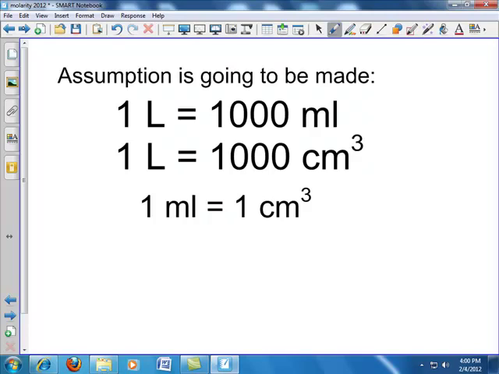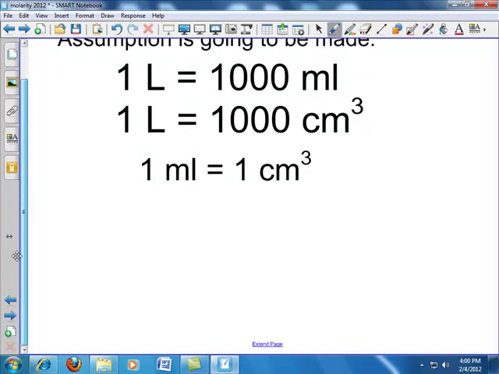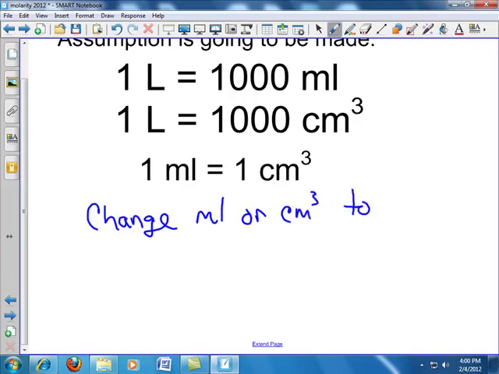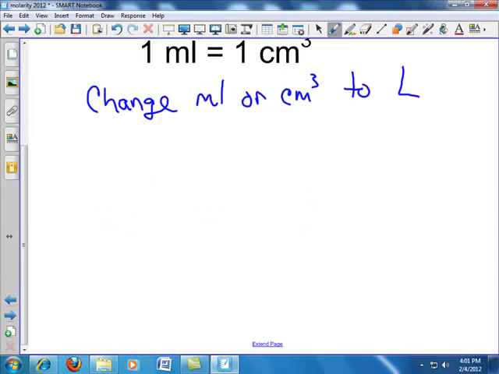The reason we need to remember this is because most of my problems give you volumes in milliliters or liters, and we have to change them. So in all of your problems, you're probably going to have to change milliliters or cubic centimeters to liters. That's something I expect that you can do in your head, and you never have to show me. Okay? But I'm going to show you one right here.